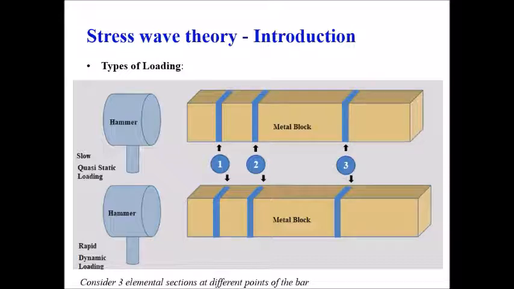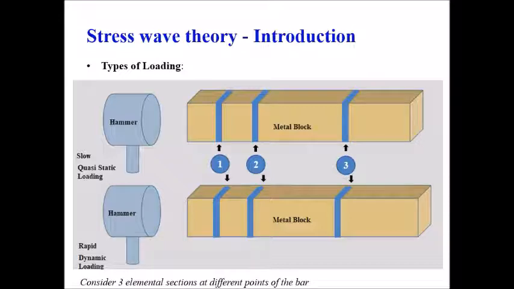In condition 1, we apply the load slowly, which is a case of quasi-static loading. In case 2, we apply the load rapidly using the hammer, which is the case of dynamic loading. So quasi-static means slow loading, which is case 1, and rapid loading is dynamic loading, which is case 2.